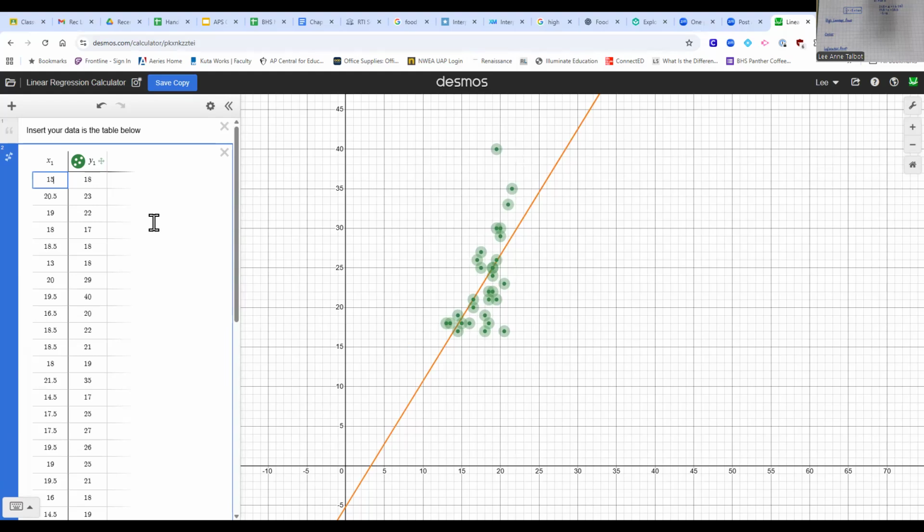Okay, so we're going down the Exodus. 15, 20.5, 19, 18, 18.5, 13, 20, 19.5, 16.5, 18.5, 18.5, 18. You're not helping. 21.5, 14.5. What? You're helping.